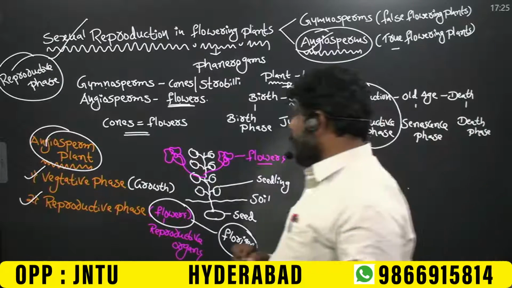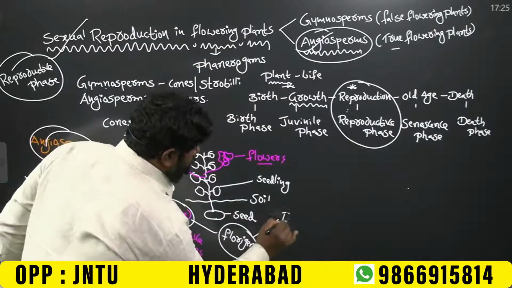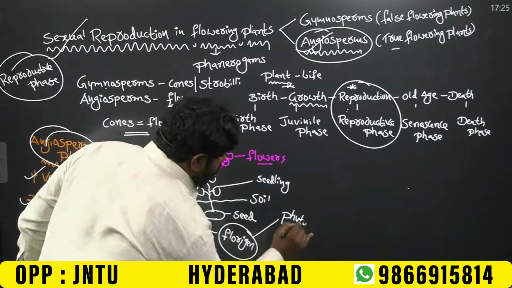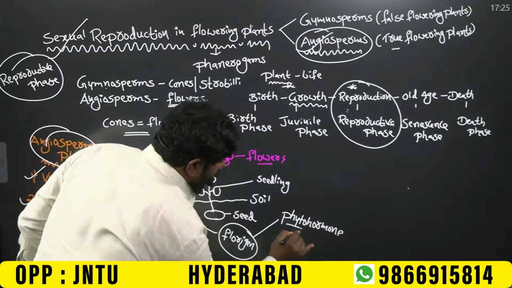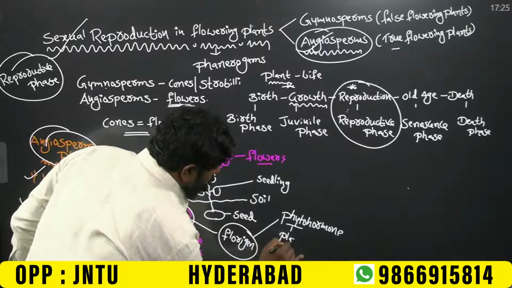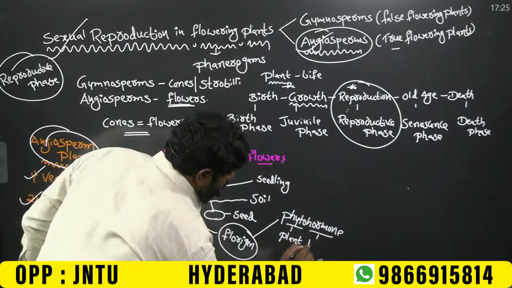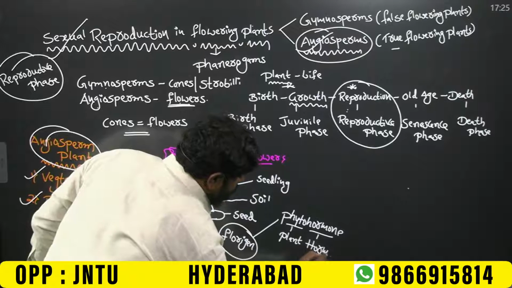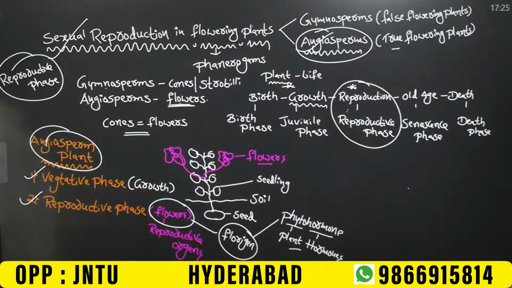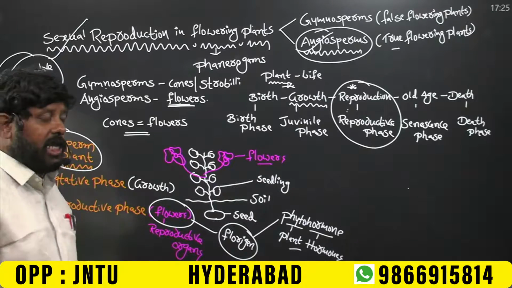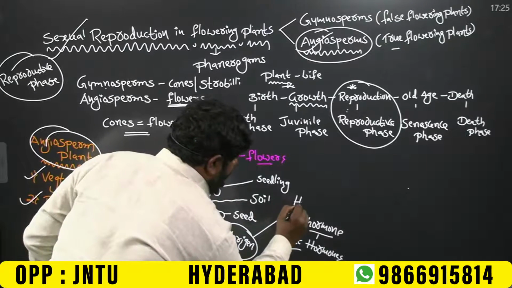Phyto means plant, and hormone means hormone. The hormone produced by the plant is called a phytohormone.